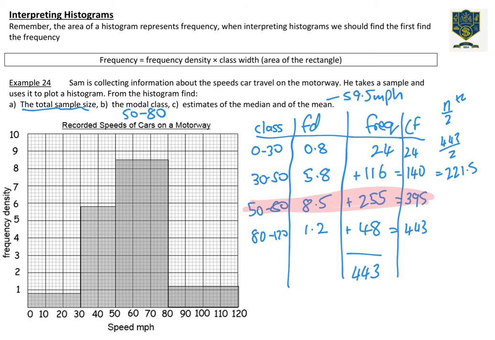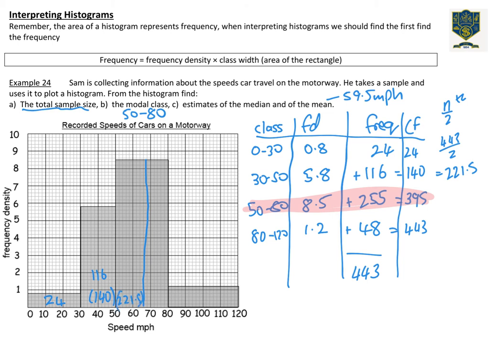So what we know is in the first group, we've got 24. In the next group, we've got 116, which takes us up to a total of 140. And what we're looking for is a number in this third bar that will take us up to a total of 221.5.